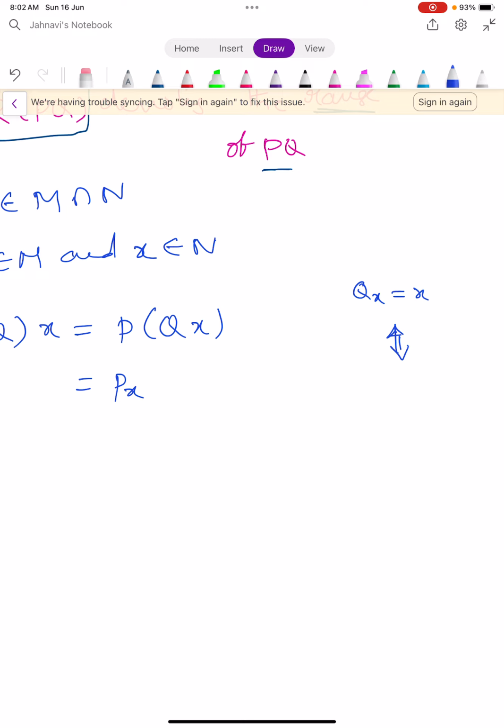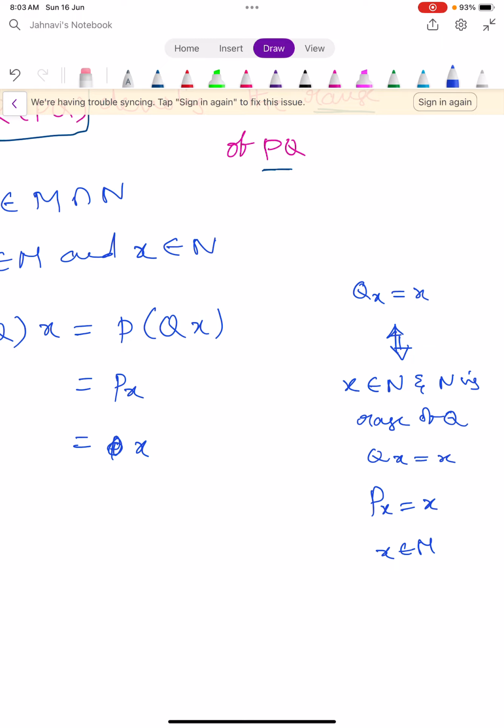Why? Because x belongs to capital N and N is the range of Q. So obviously Qx is equal to x. Similarly, Px is also equal to x, because with the same argument x belongs to capital M and M is the range of P.